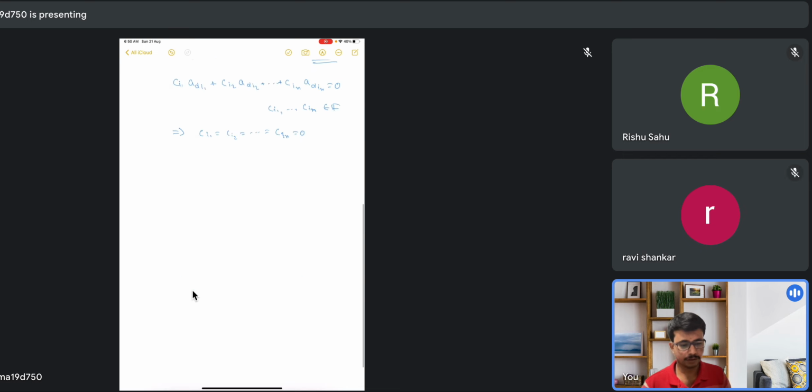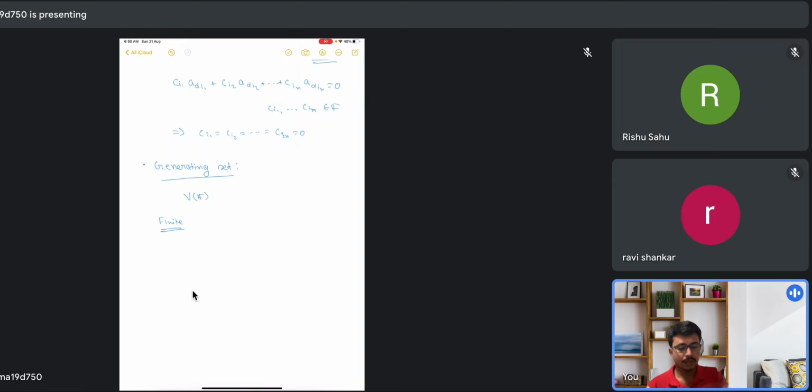So now I am going to generating sets. Please tell me the definition of a generating set. Suppose you have this vector space. First we'll talk about finite generating sets, then we'll talk about infinite.